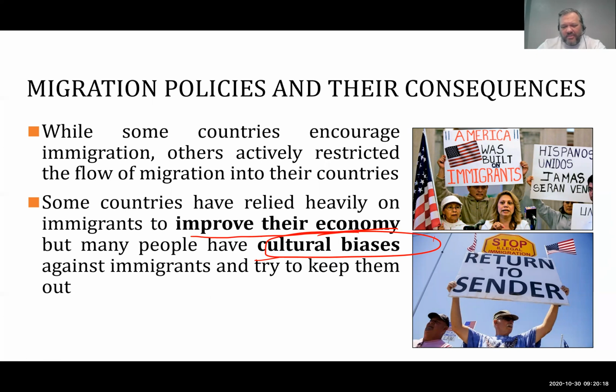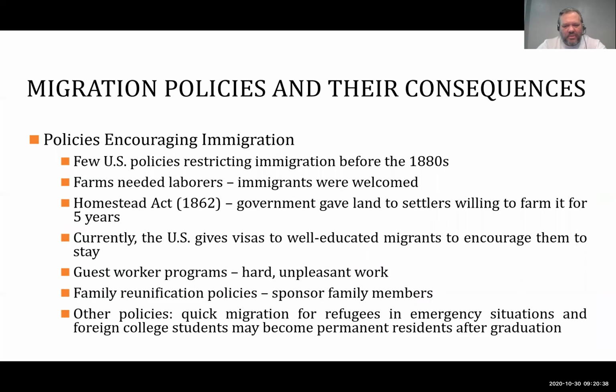So if you have a bad economy, that's generally when we see, in the U.S., more of a fear of immigrants. And the idea is that immigrants will come in and take jobs. But as you saw in the last video, that's just not the case for the most part. All right, there's definitely a net benefit to having more immigration.